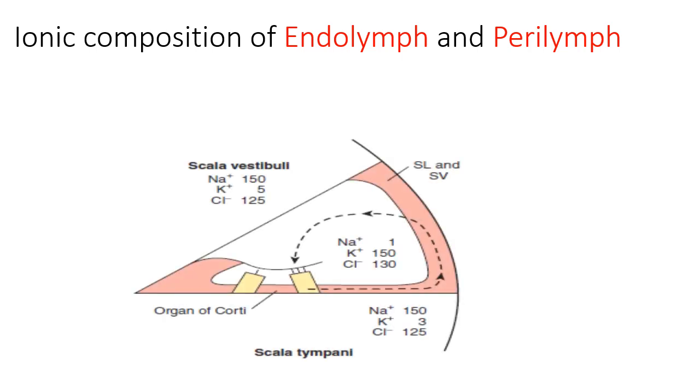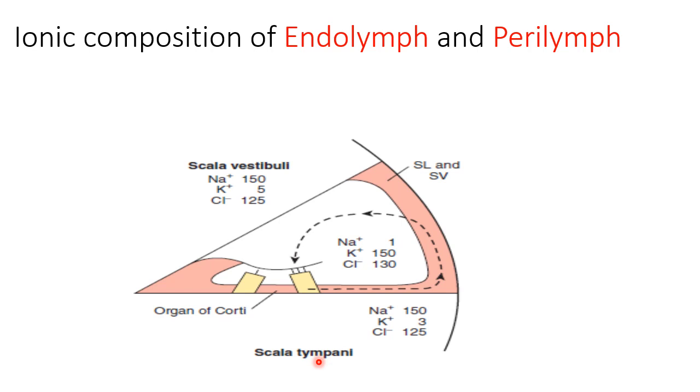Here we'll discuss the ionic composition of endolymph and perilymph. As we have discussed, endolymph is situated inside the scala media and perilymph is situated inside scala vestibuli and scala tympani.